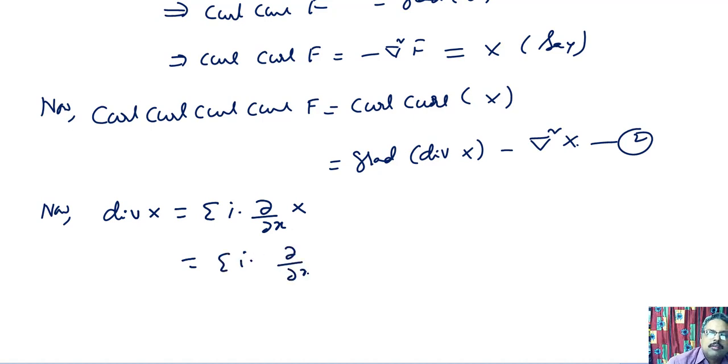Dou by dou x of X, where X equals minus del square F.